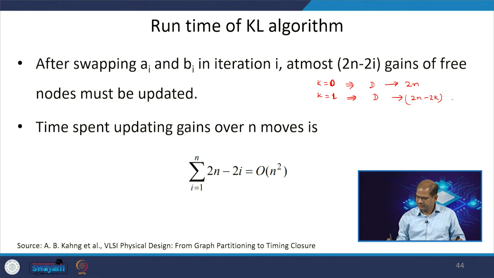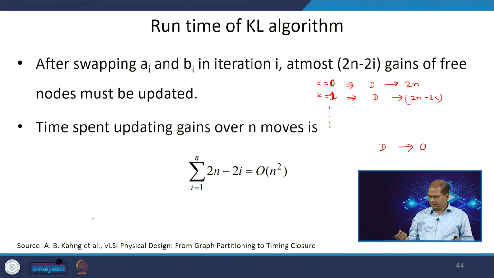So, it will be evaluated 2 times less than 2n. Similarly, if I go on in this method, finally D will be evaluated 0 times. So, it goes like 2n minus 2i, and the number of times D is evaluated is reduced by 2 in each iteration.